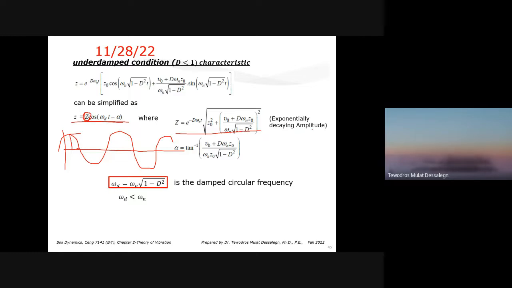It is an exponentially decaying amplitude. In this case, it's not a constant amplitude, but it decays with time because we have damping in it. So it's getting smaller and smaller and finally disappears. That's why it varies with time because of the damping. If there was no damping, it would remain a constant amplitude.